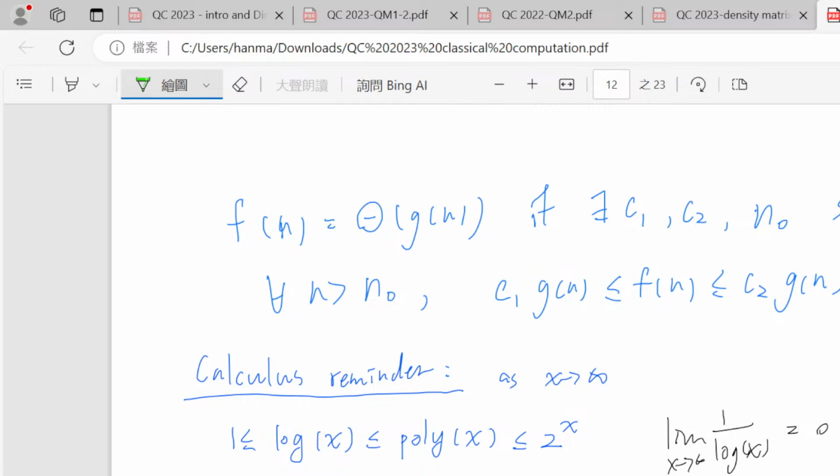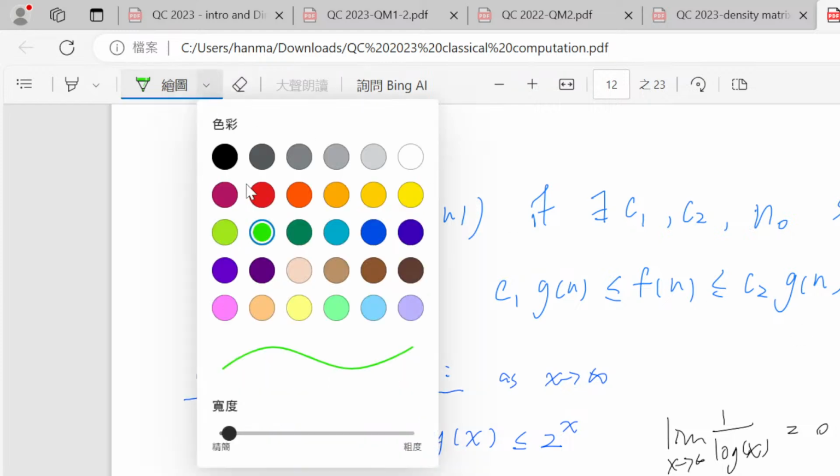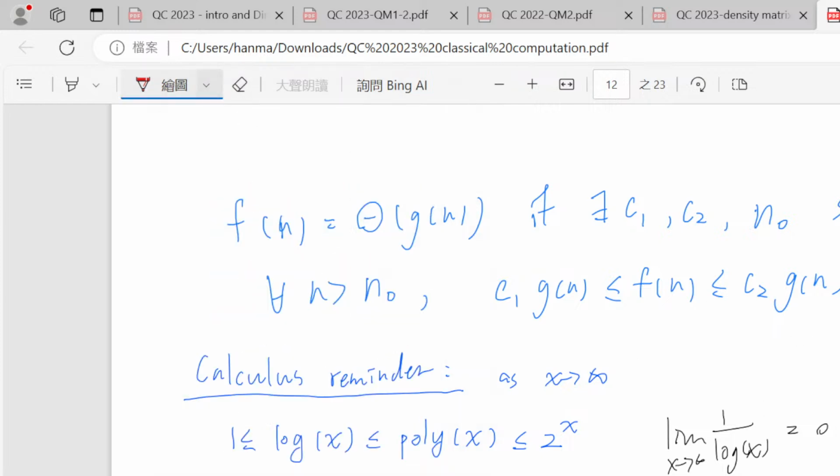Also, as x goes to infinity, x to the c divided by 2 to the x is 0.